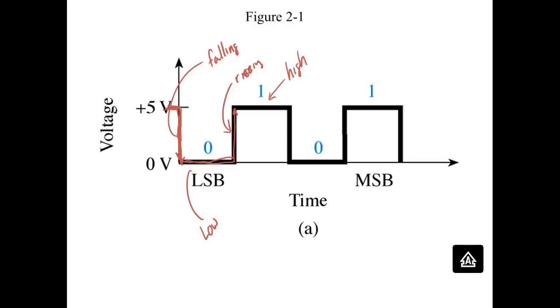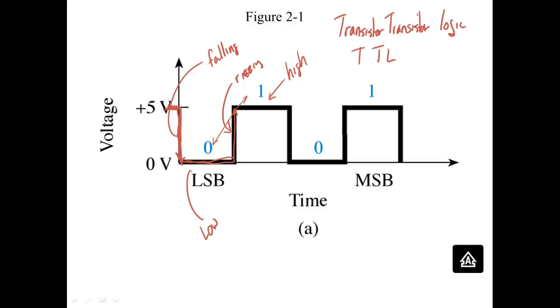So those things have different terms. This would be true in the logic that we're studying, which is called transistor logic. We'll explain how it got that name as we go through the class. If you've ever heard of TTL, that's what TTL is. Transistor logic. In transistor logic, a high and a 1 are the same thing, and a low and a 0 are the same thing.